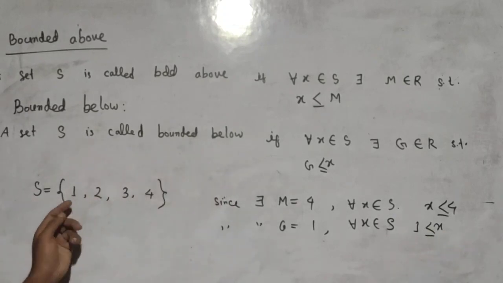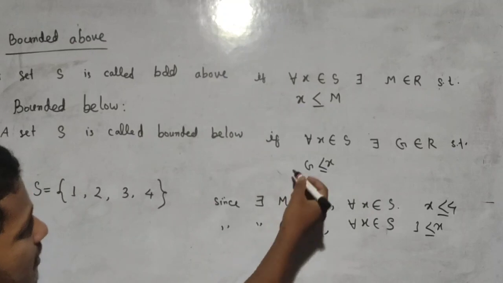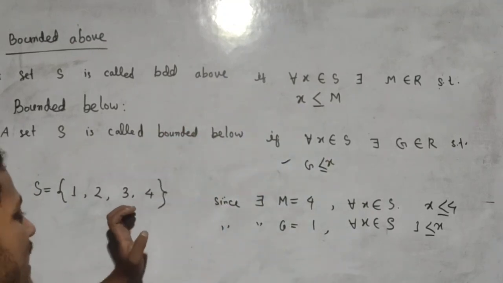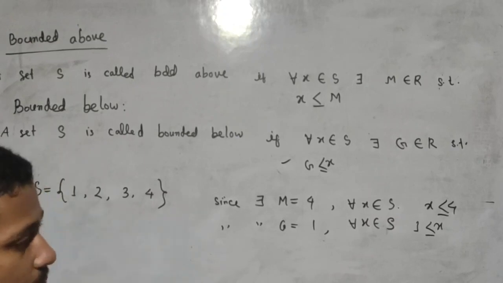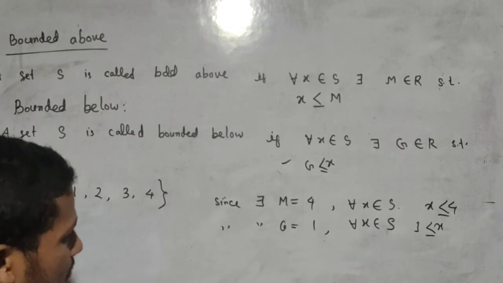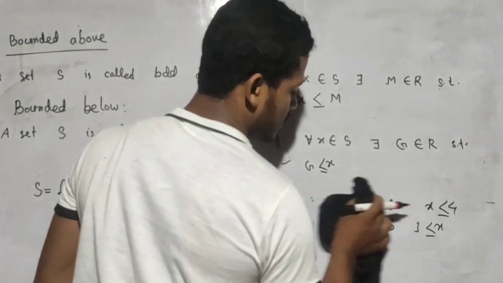Yes, every element is greater than or equal to 1. So this condition is also satisfied. That means this set S is both a bounded above set and a bounded below set.